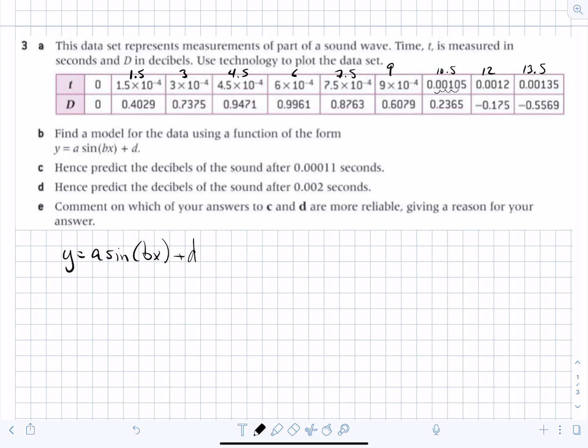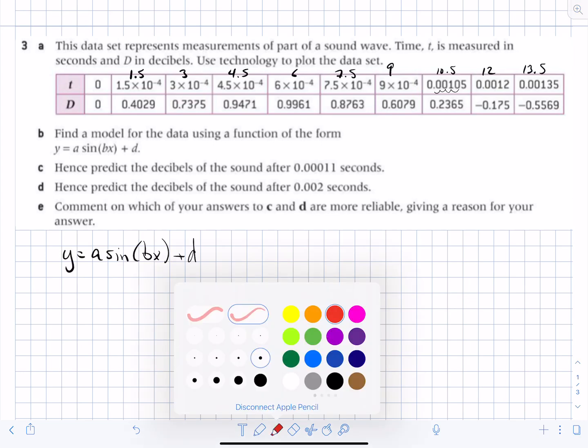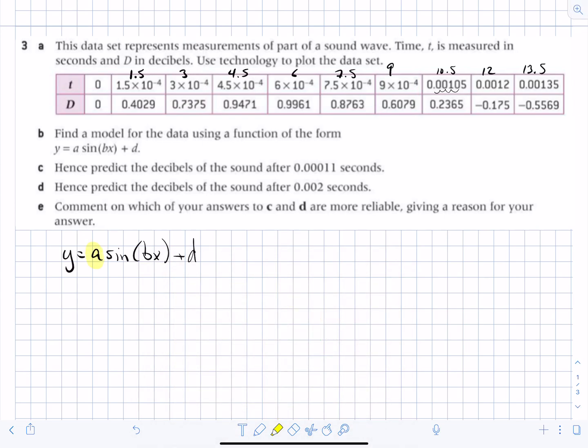So how do we find, usual story, how do we find these three things? Same thing, we got to find what's our maximum, what's our minimum. So A is equal to max minus min divided by 2. So in this case, what is my maximum value? And by the way, which one's x, which one's y?